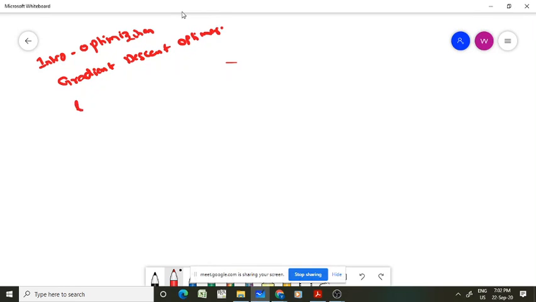Later we will do some exercises on Google Colab based on the gradient descent optimization technique. So these three things we are going to discuss in today's class.